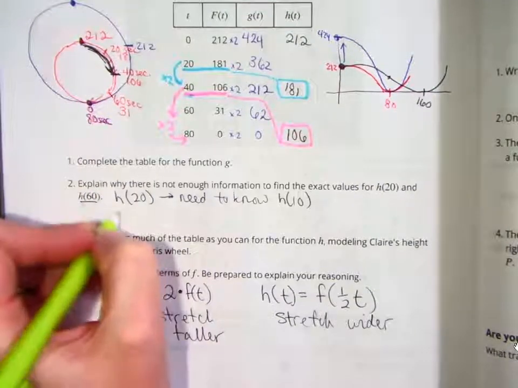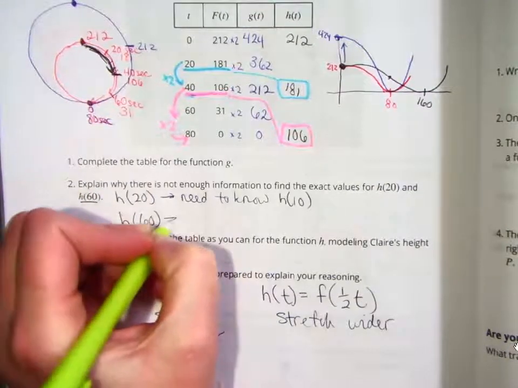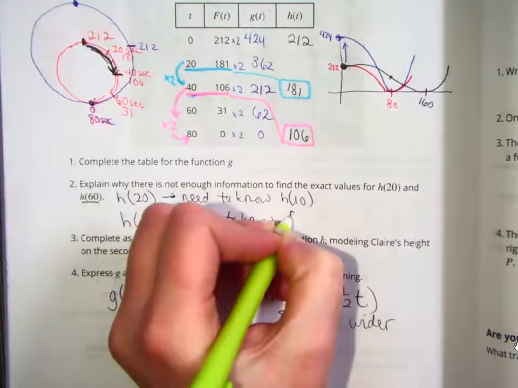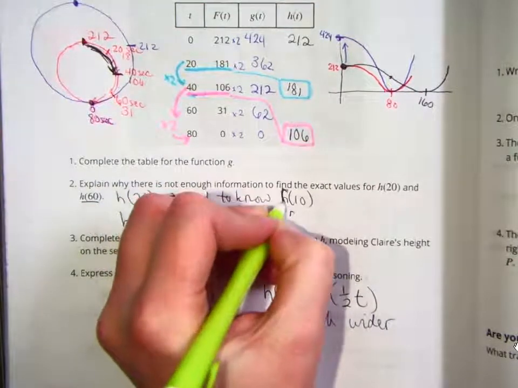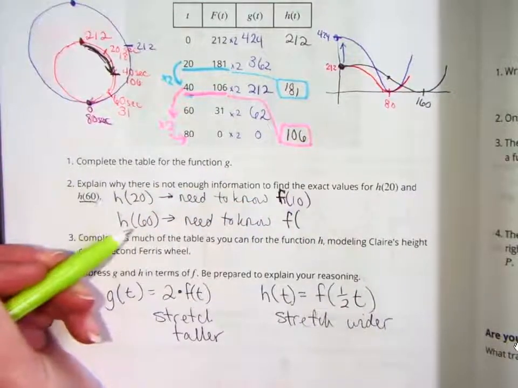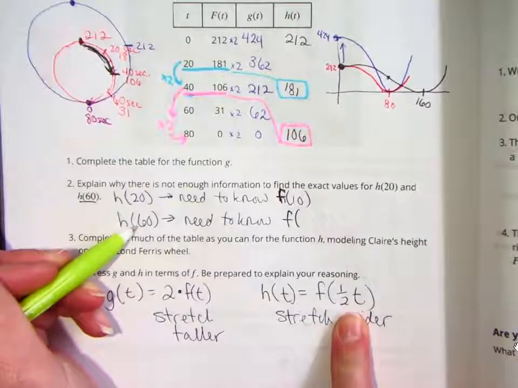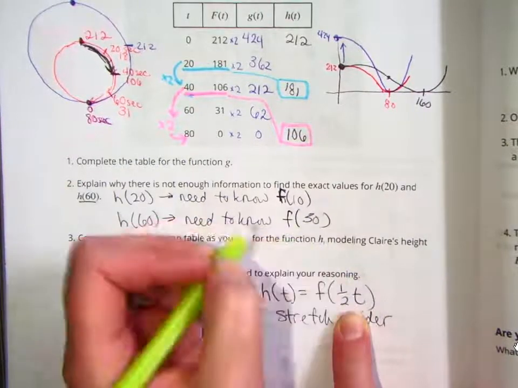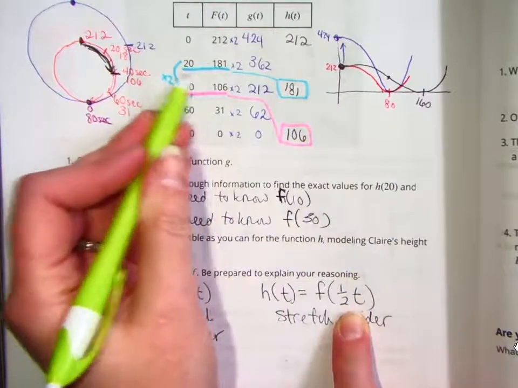In the same way, h of 60, we would need to know, oh, I'm sorry, that should be an f. We would need to know f of, let's see, half of that. We would need to know f of 30, and again, that's not something that's in our table of values up here.